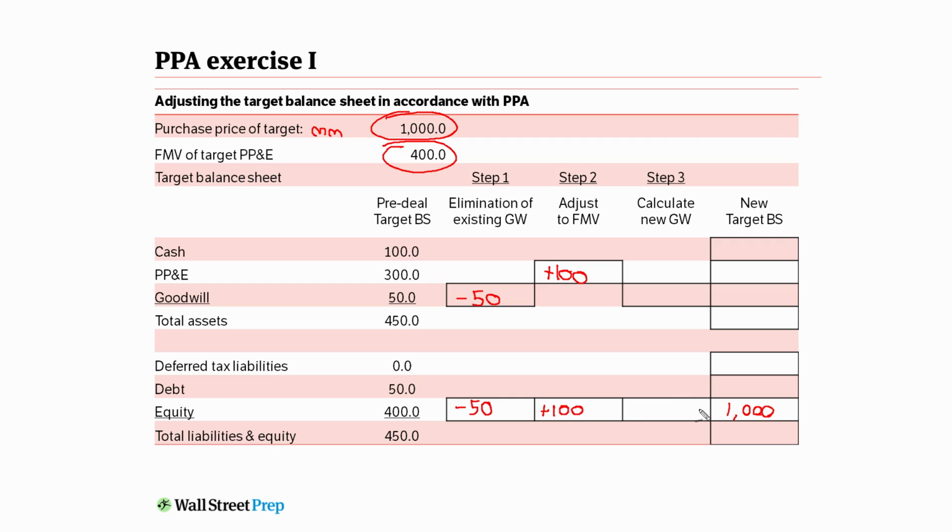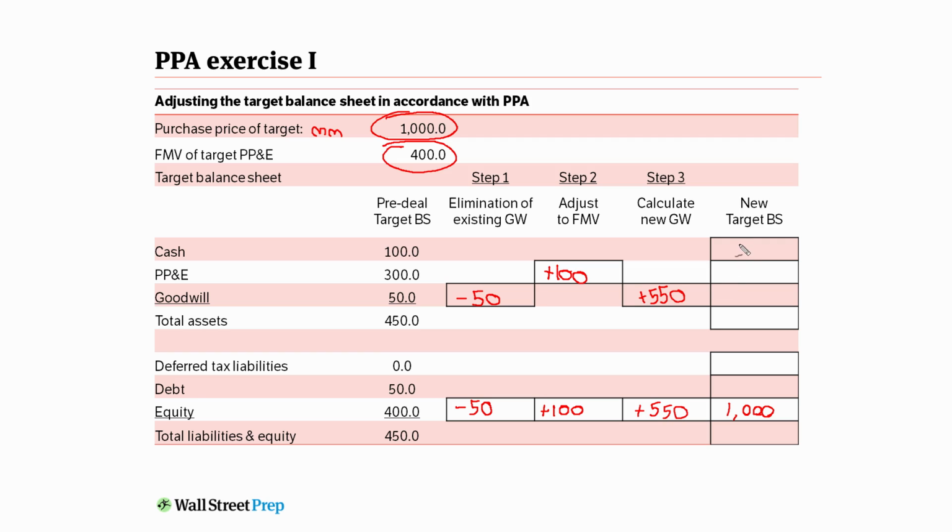This means that equity has to go up by an incremental 550, right? To get to 1,000, you go from 400 minus 50 is 350, plus 100 is 450, plus 550, that's $1 billion. The offsetting entry, the excess of the purchase price over the fair market value of the target net assets, is this goodwill.